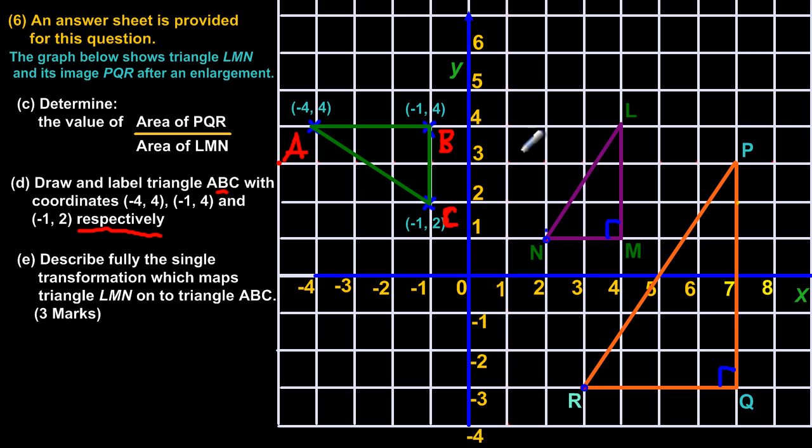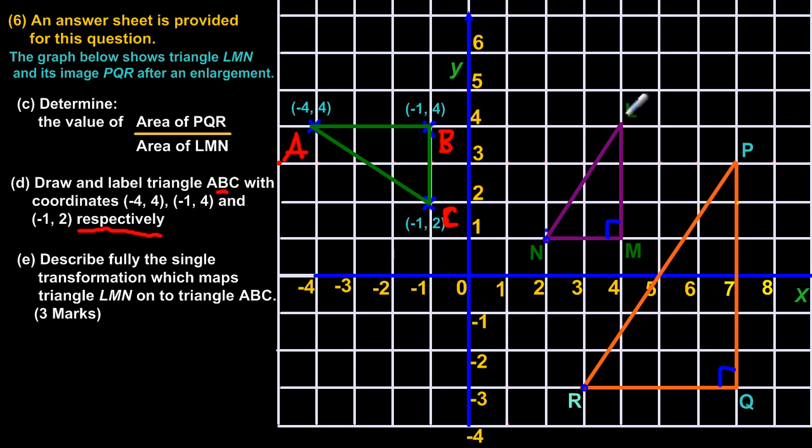Now one quick thing we could use to establish that it's a rotation is to match corresponding line segments. If you notice, line segment LM would correspond with line segment AB, because it's as if you would turn the triangle on its back like that. So AB would correspond with LM.